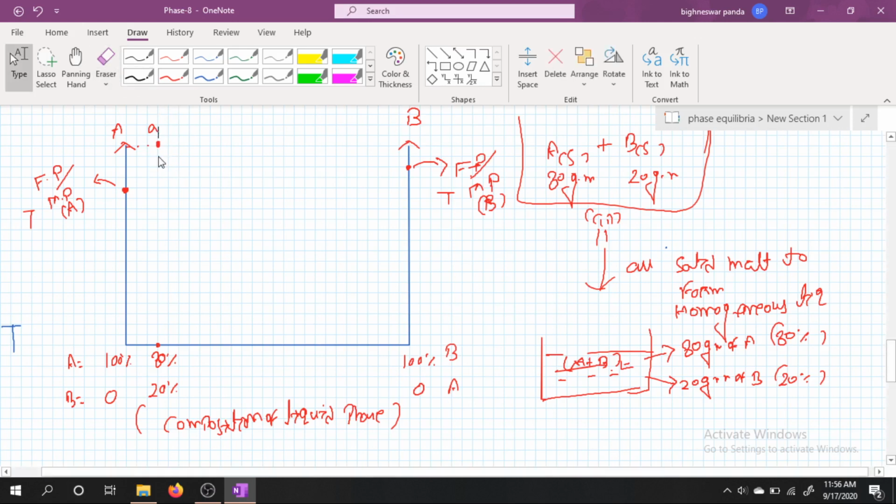This is the point A, and this point A represents the temperature at which the solution phase is present and the composition, that is 80% and 20%.